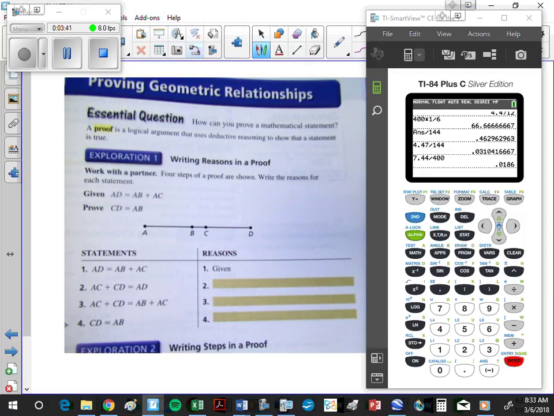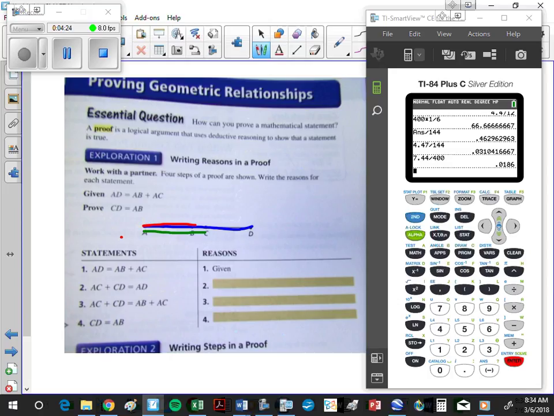This exploration number 1 says, 4 steps of a proof are shown. Write the reason for each statement. Okay, so in this proof, we are given that line AD, and when you just say AD, that means the distance between point A and point D. So line AD, this line right here, has a length that's equal to AB plus AC.